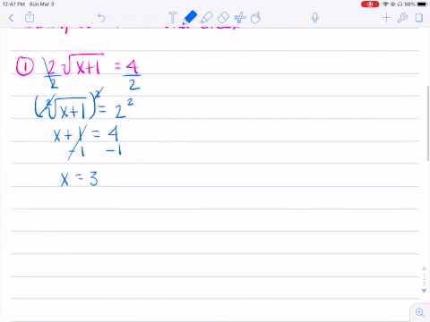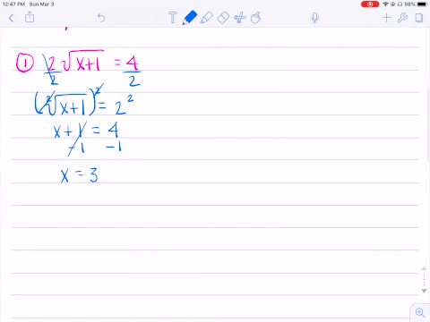So again, that's our potential solution, but we have to check it to make sure that it really is a true solution. So I'm going to change colors again to indicate that this is something different. Now we're checking. We're just going to plug back into our original equation with what we think x is. So I'm going to say 2 times the square root of 3 plus 1 is equal to 4.